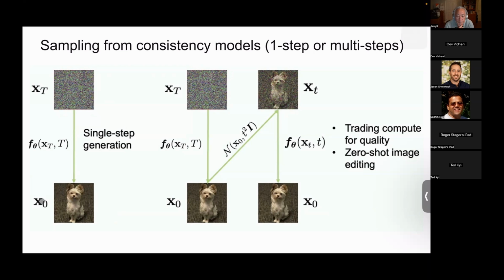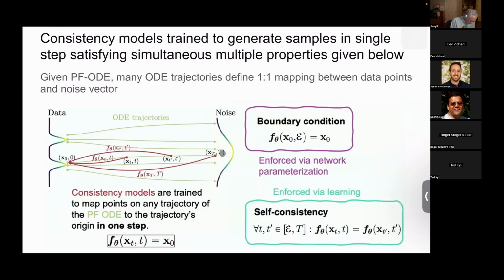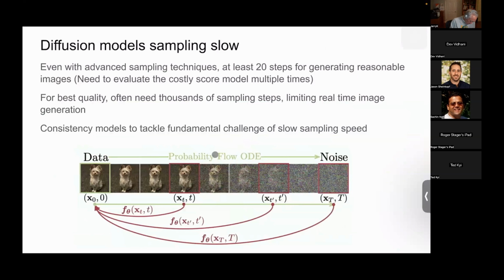But what you can do is have multiple steps. In the multi-step case, you start from noise and get an image, and then you say, I will take it to time step t. Let me go back to this image here. I started from here and got some image close to x0, and then I inject noise.